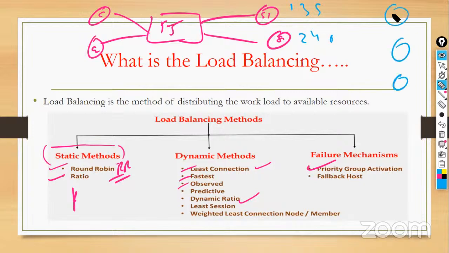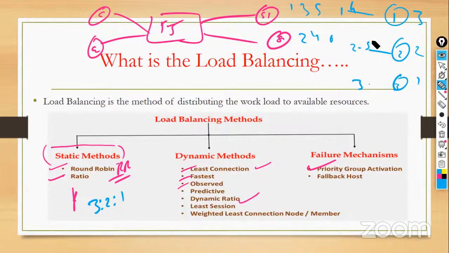But if we talk about the ratio, we need to configure it. For example, we have the servers 1, 2, 3, and we configure the ratio like 3 to 1. So how will it be moved? One request moves to this server, second to this server, third to this server. Now your fourth request comes to this server, fifth to this server. So tell me, where will your sixth request go?